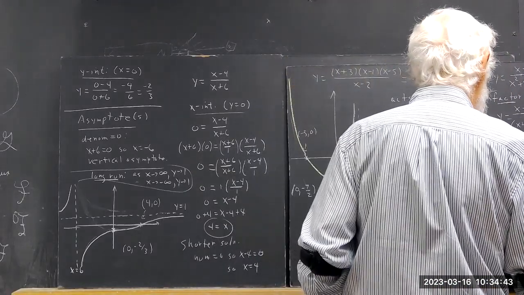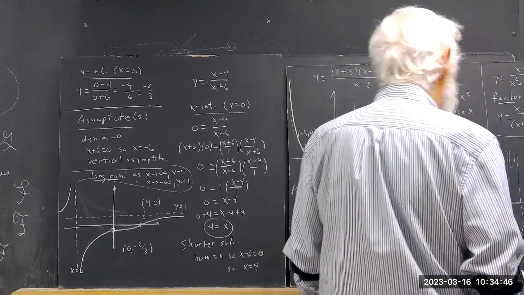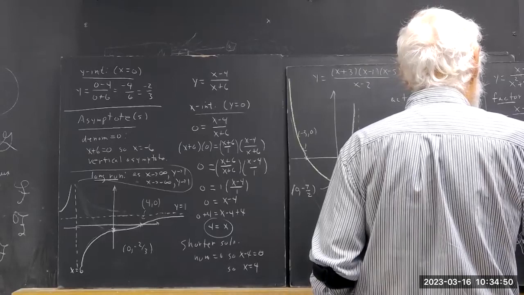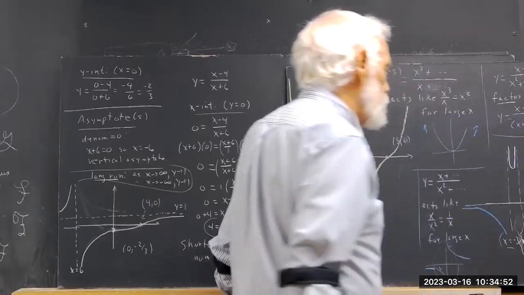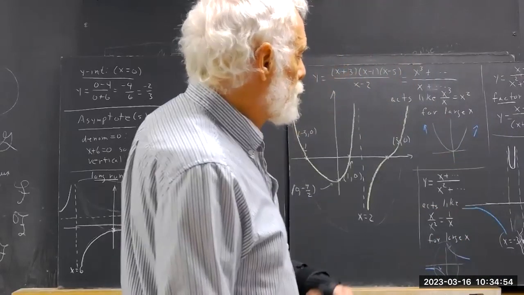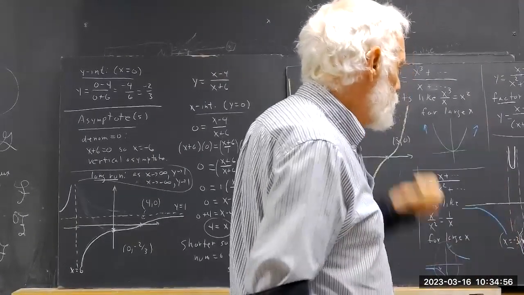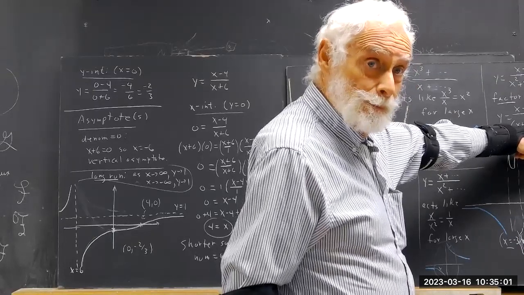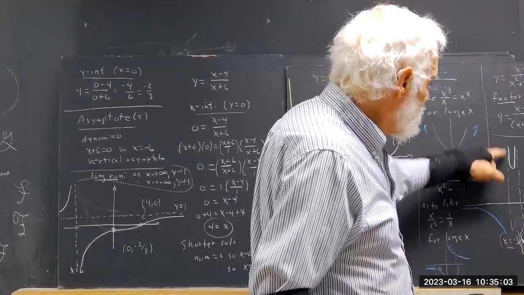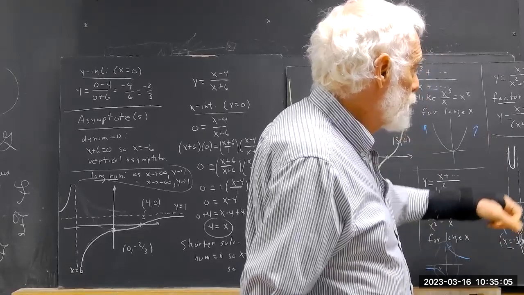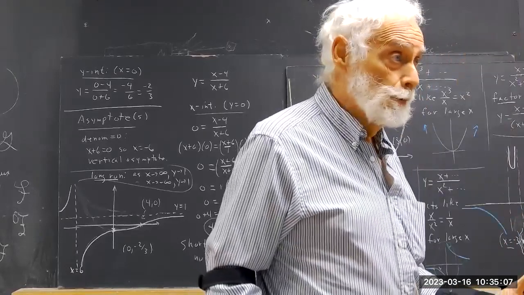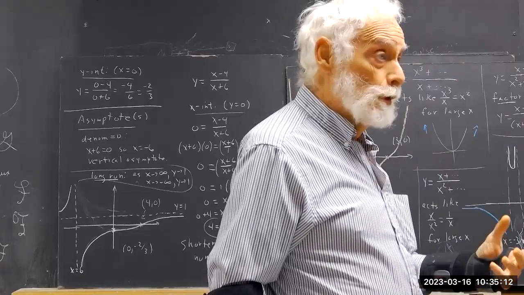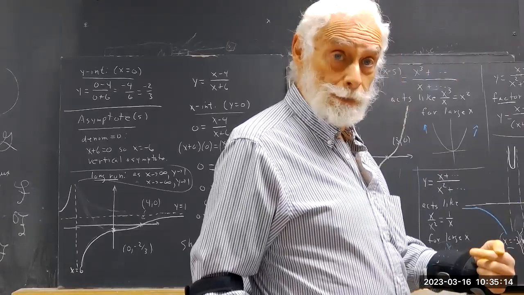There's a detail that I'm not going to take time to talk about. The reason is this asymptote comes from the factor x plus 3 in the denominator. So near this point, it's going to act like the reciprocal function, 1 over x plus 3, which is 1 over x shifted 3 units to the left.